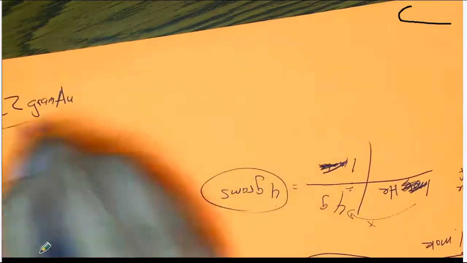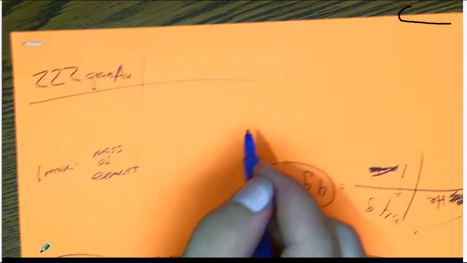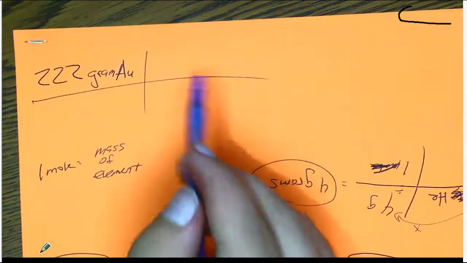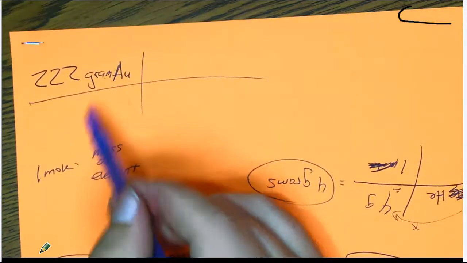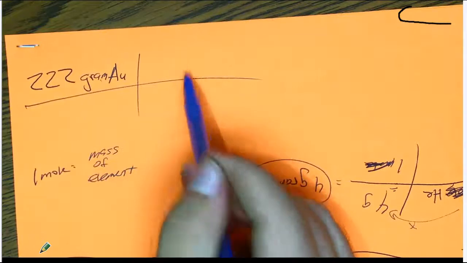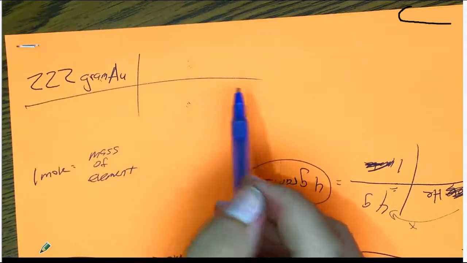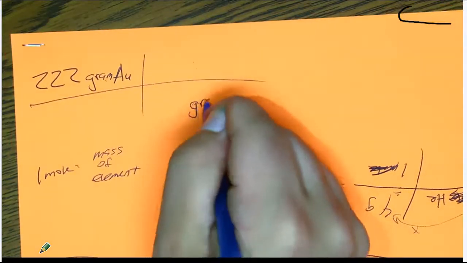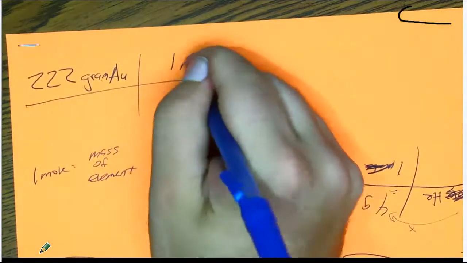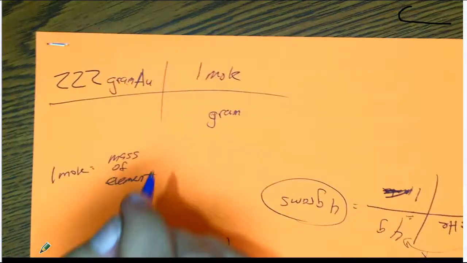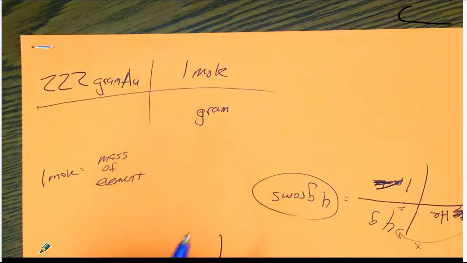If I draw my little railroad track, and I have grams on top, is grams going to go on the bottom or top over here? Very good, my grams is going to go down here, so my 1 mole is going to go up there. What is the mass of 1 mole of gold? You have to look on the periodic table. Gold weighs 197.